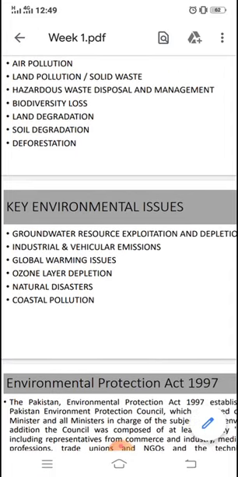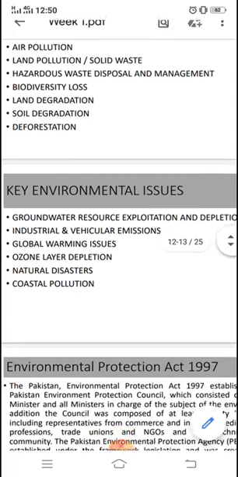So then we have some biodiversity loss, which includes wildlife deterioration, and some of the species of wildlife are being affected by the environmental issues. So what kind of environmental issues can affect our biodiversity?